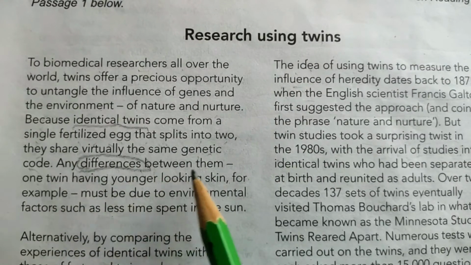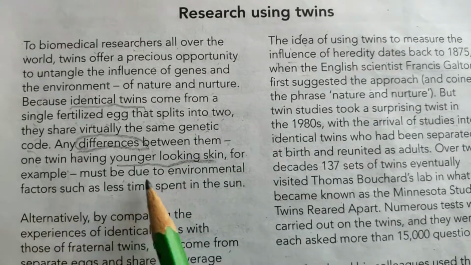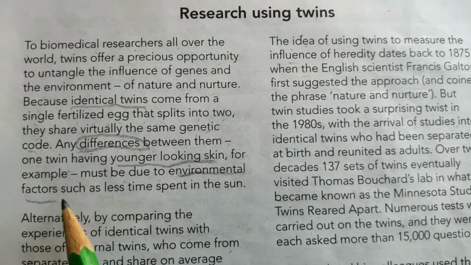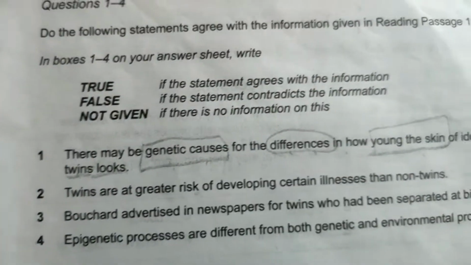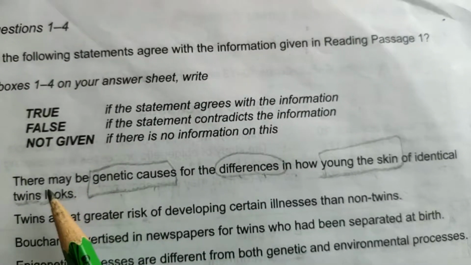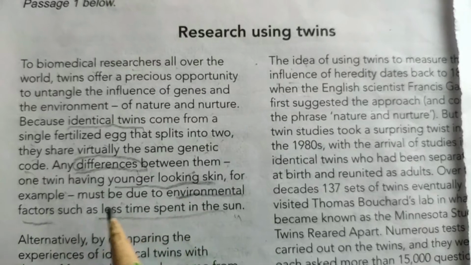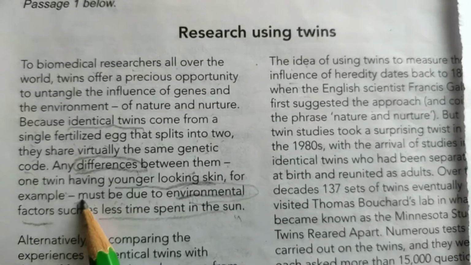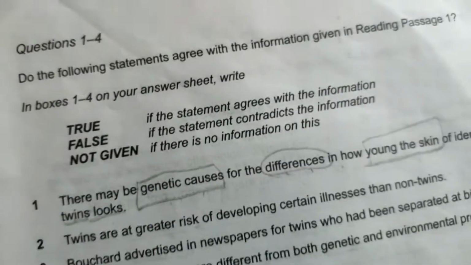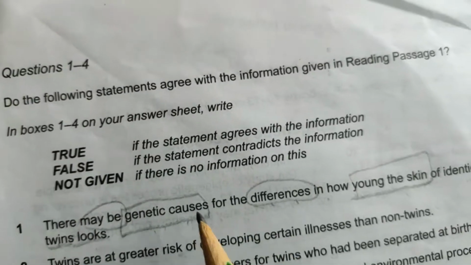Any differences between them, one twin having younger looking skin, for example, must be due to environmental factors such as less time spent in the sun. Now here the statement says there may be genetic causes. Here they are saying differences between them must be due to environmental factors. Here he is saying must be, and in the statement he is saying may be, so it is definitely false.